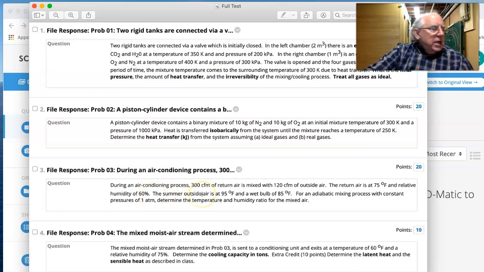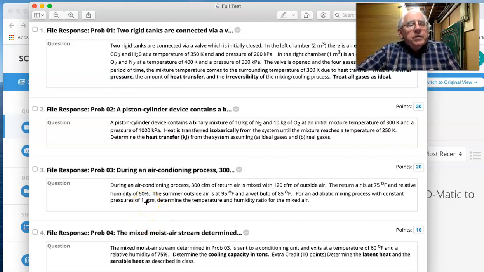The summer outside air is at 95 degrees Fahrenheit, and a wet bulb temperature of 85. For an adiabatic mixing process with a constant pressure of 1 atmosphere for both of the streams, we are to determine the temperature and the humidity ratio for the mixed moist air.